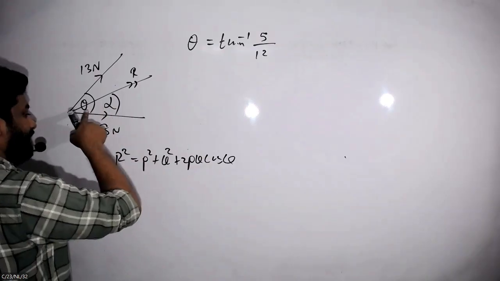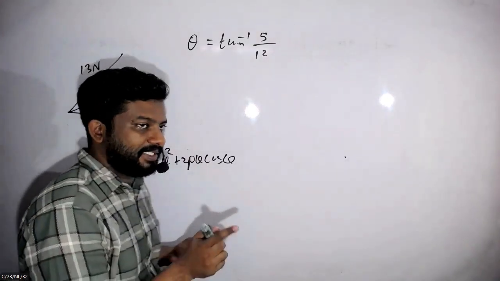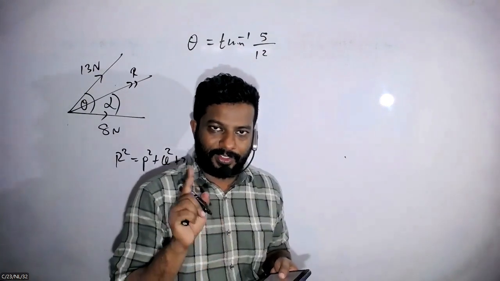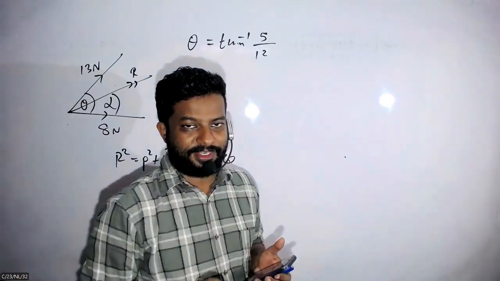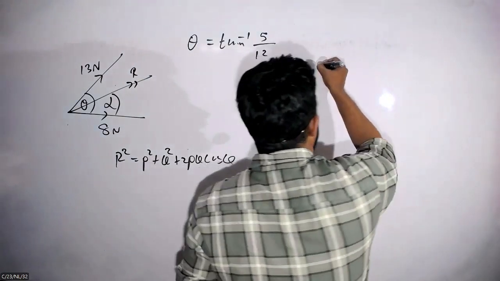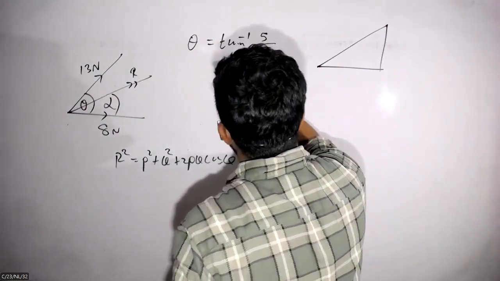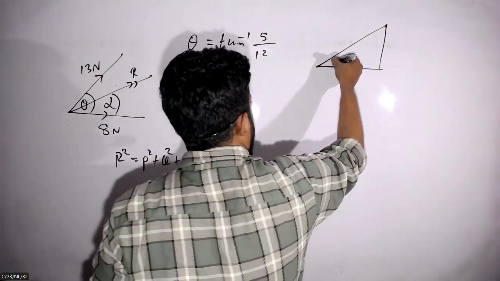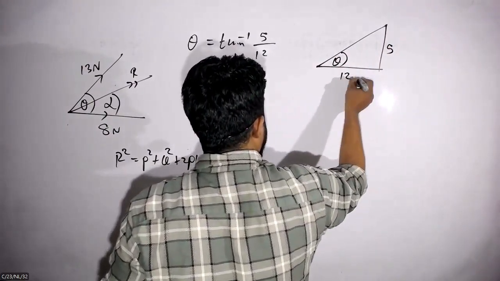You should know the cos value of the angle between the two vectors. To identify the cos value of the angle between the two vectors, you need to do a construction. You need to draw a right angle triangle corresponding to this tan ratio. That is, the opposite side should be 5, the adjacent side should be 12.